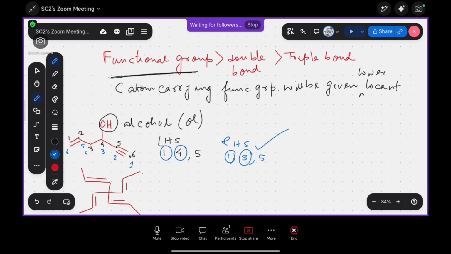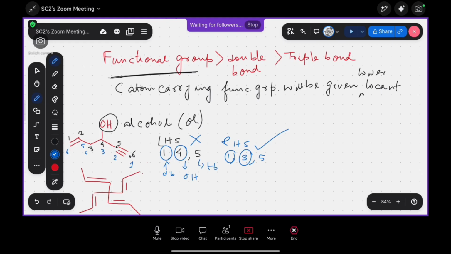And as I already said, the carbon atom carrying the functional group will be given the lower locant. That means the left hand side numbering is wrong. According to the left hand side numbering, at the one position we are having the double bond. At the fourth position we are having the OH functional group, and at the fifth position we are having the triple bond.